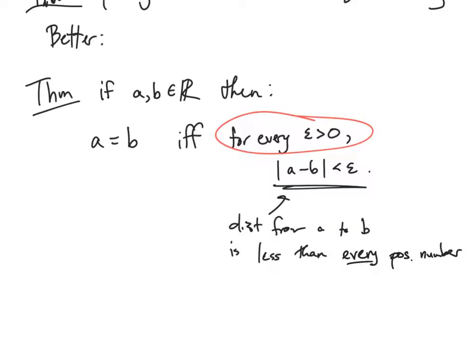Do you agree that if that's really true, then A must be equal to B? If the distance from A to B is smaller than every number, then certainly they must be the same number. The distance must really be 0. So that's why this is true.